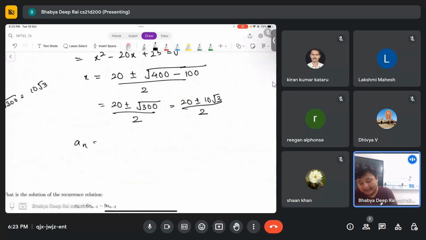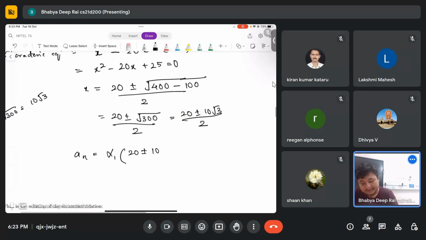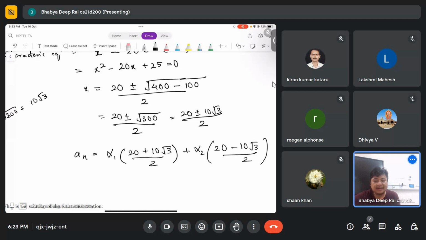So a_n is nothing but alpha 1 times the first root, (20 plus 10 root 3) by 2, to the power n, plus alpha 2 times (20 minus 10 root 3) divided by 2, to the power n. This is how I can write it, right?